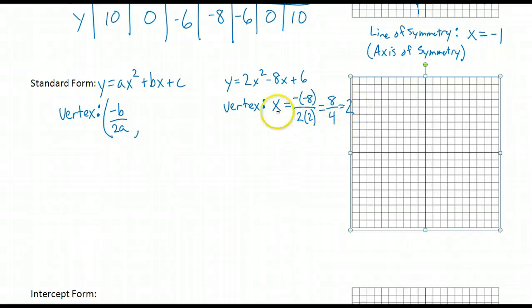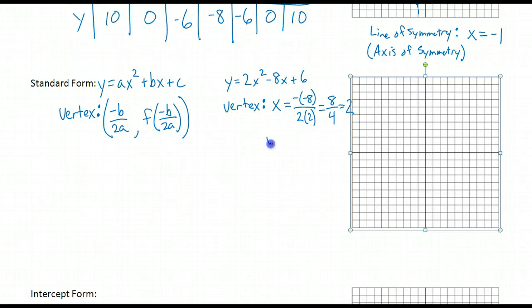Once we know our x portion, to figure out our y portion, we need to take this value and plug it in for x. We need to take this value and evaluate our function at this number. We need to take f of negative b over 2a. If you remember function notation, we're going to take our function and input this number. Once we do all that math, our output will be our y value.